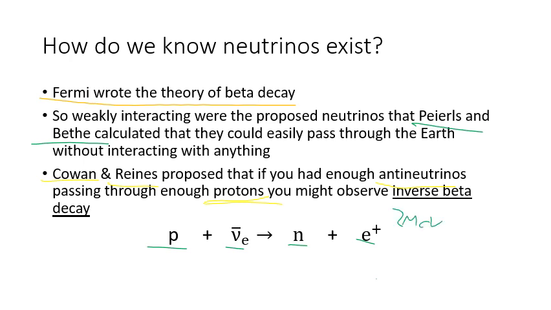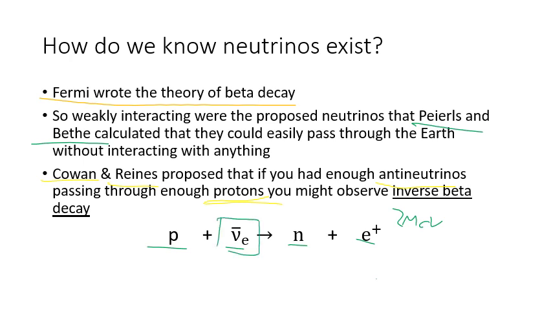Or, I'm sorry, I've said specifically 2 MeV, but it turns out to be a little bit less than that when you actually do the maths. But you've got to find 2 MeV or more, because you've got to have enough kinetic energy for the positron that we create. So we're going to need quite energetic antineutrinos.